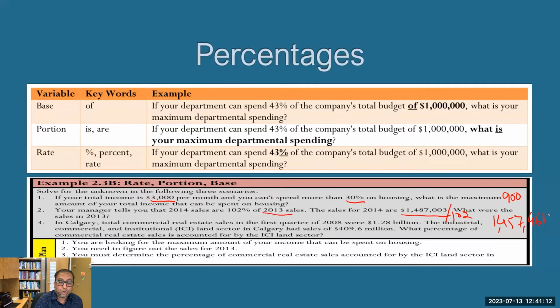So here we want to find out the rate. So what we have to do, we have to divide this 409.6 by the total, which is in billions. So we have to be careful when we are using it.